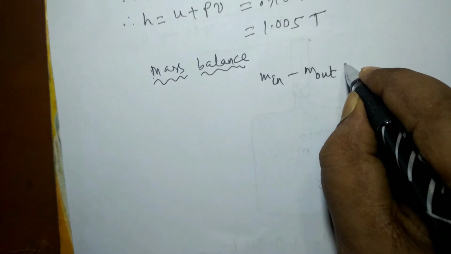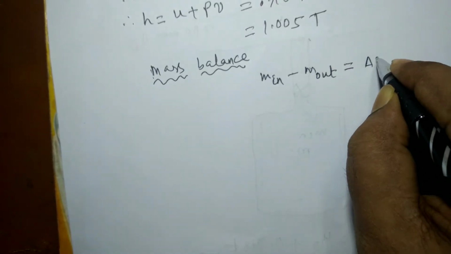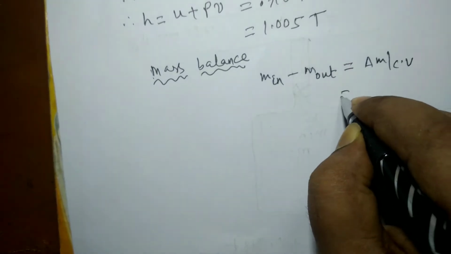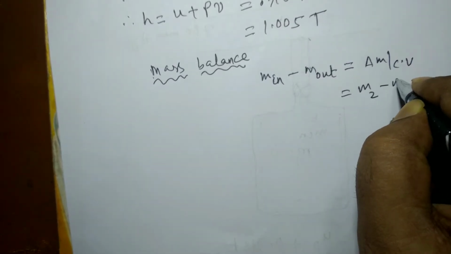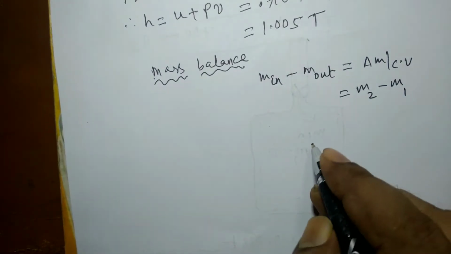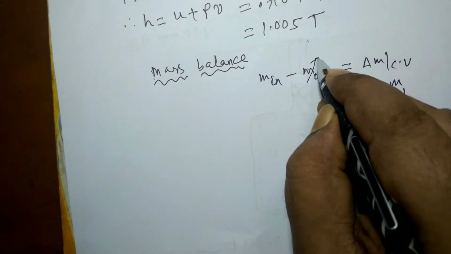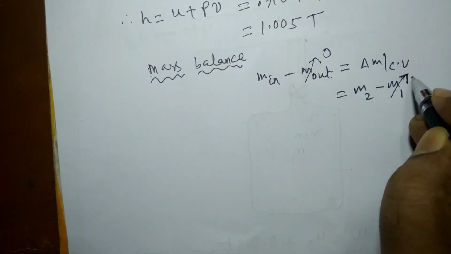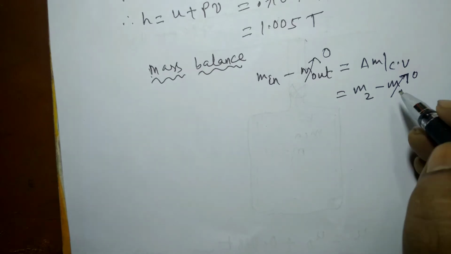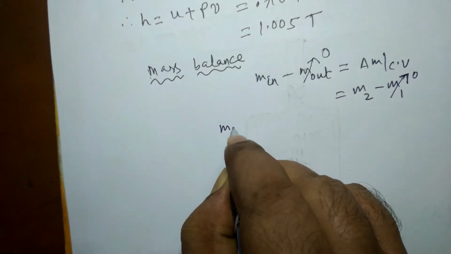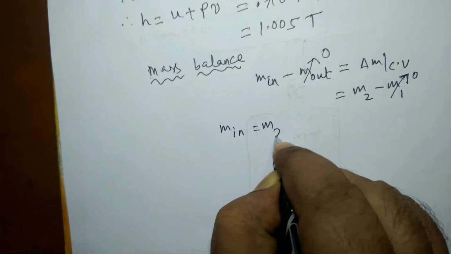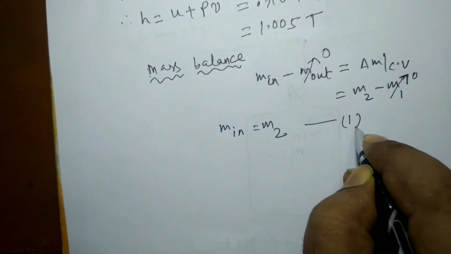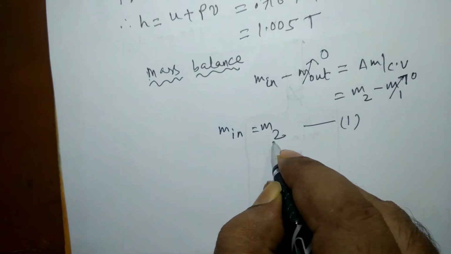M in minus M out is equal to delta M of CV, which is M2 minus M1. And you see, in this case M out is 0 and M1 is also 0. Why? Because initially the bottle is evacuated. So what we found is M in is equal to M2. This is your equation 1.